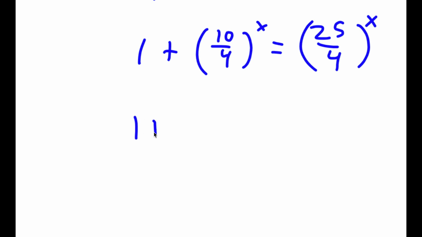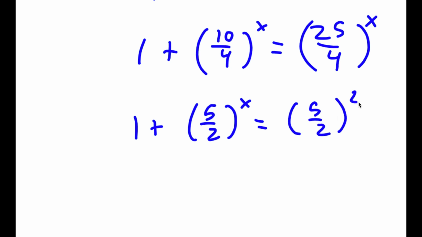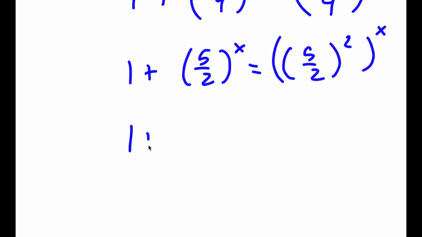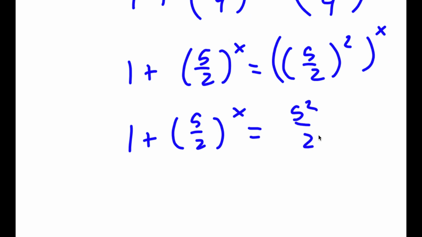Now 10 over 4, that's the same thing as 5 over 2. And 25 over 4, that's the same thing as 5 over 2 squared, to the power of x. And 5 over 2 squared, that's the same thing as 5 squared over 2 squared, to the power of x.